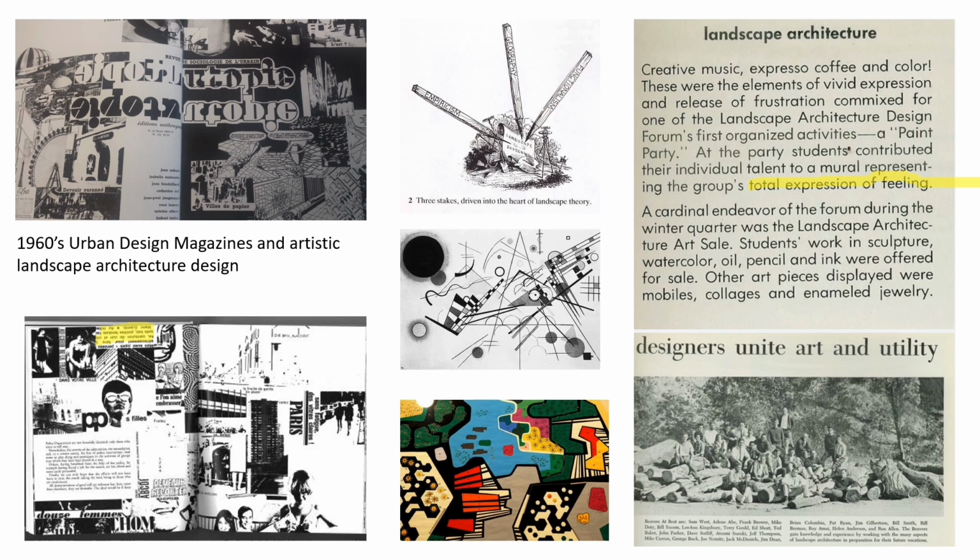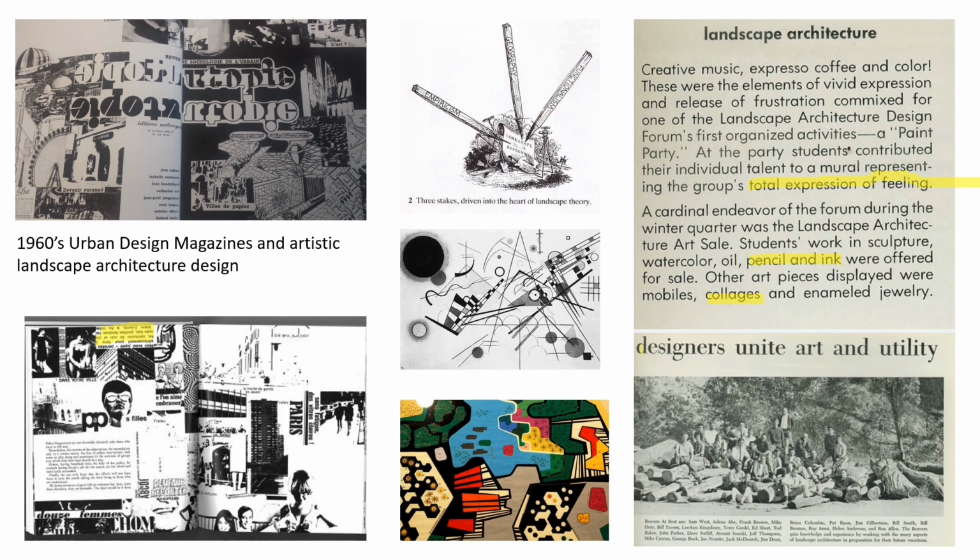A cardinal endeavour of the forum during the winter quarter was the landscape architecture art sale. Students' work in sculpture, watercolour, oil, pencil and ink were offered for sale. Other art pieces displayed were mobiles, collages and enamel jewellery.